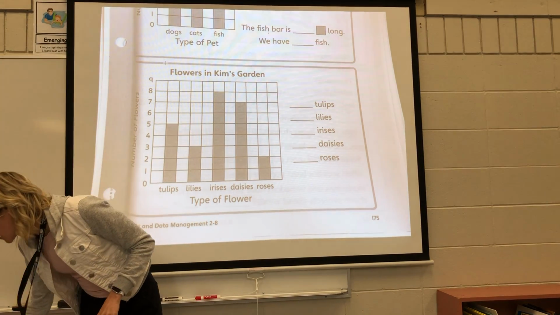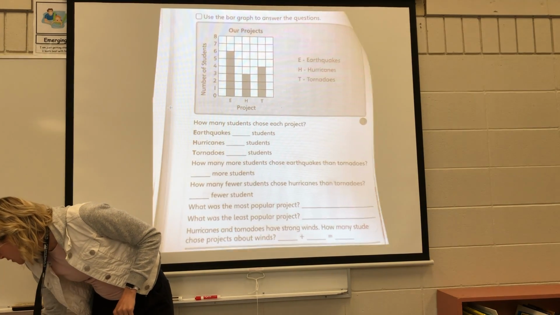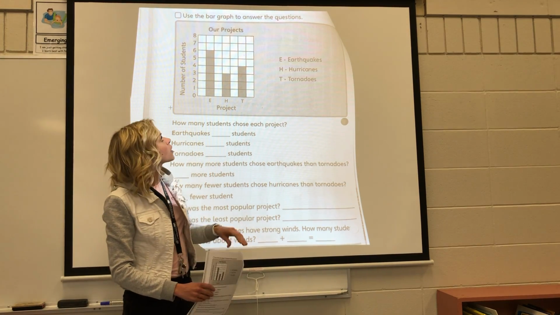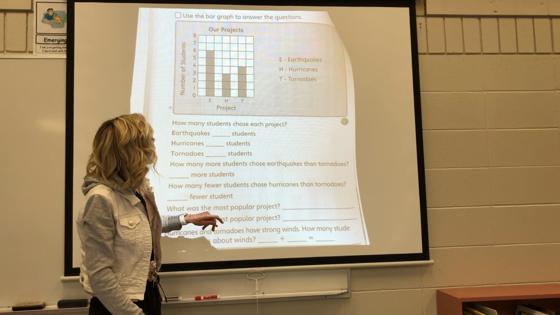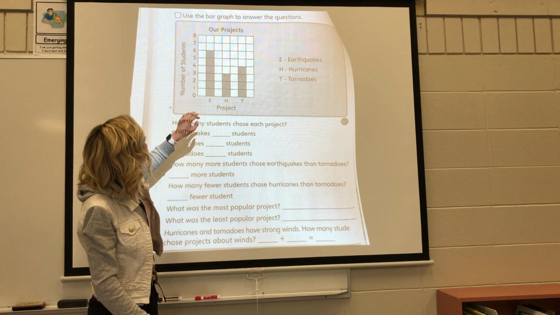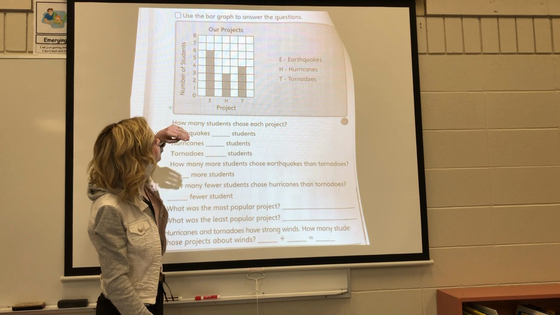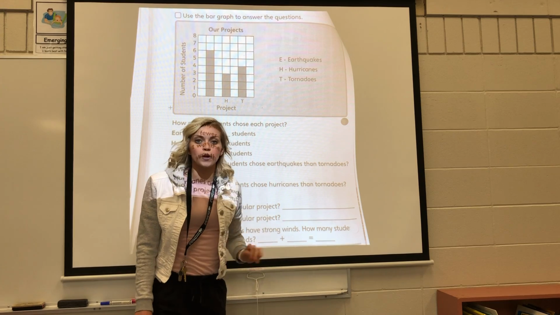And you have to go to the next page, which looks like this one here. And it says use the bar graph. So use this bar graph at the top to answer these questions. This one is asking the number of students and whether their project was about earthquakes, hurricanes, or tornadoes.